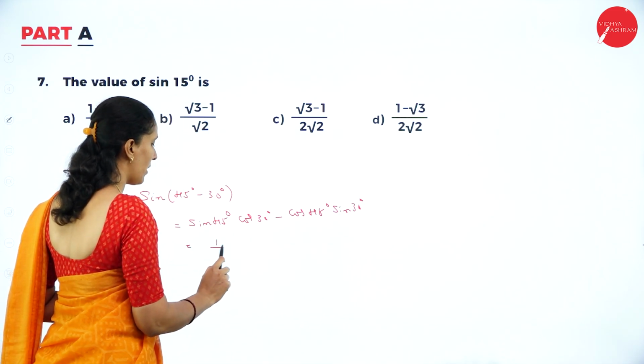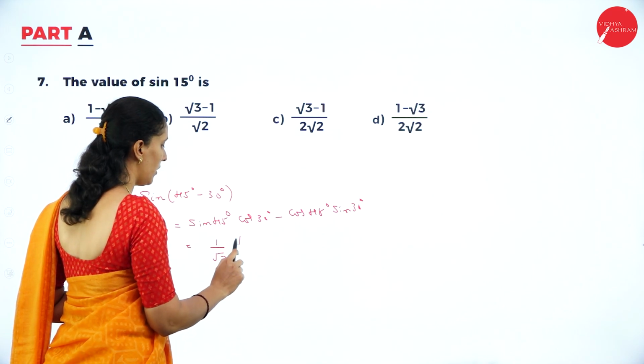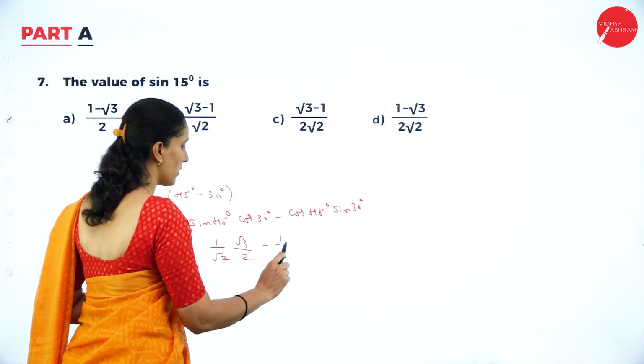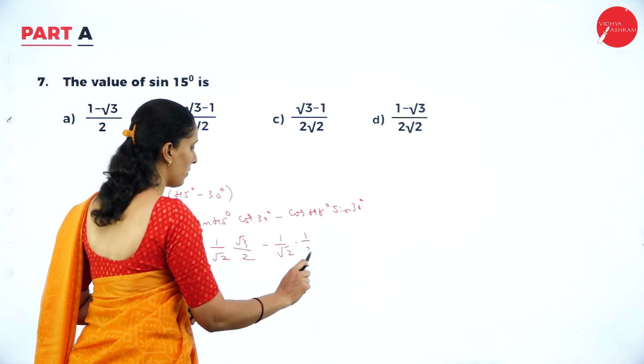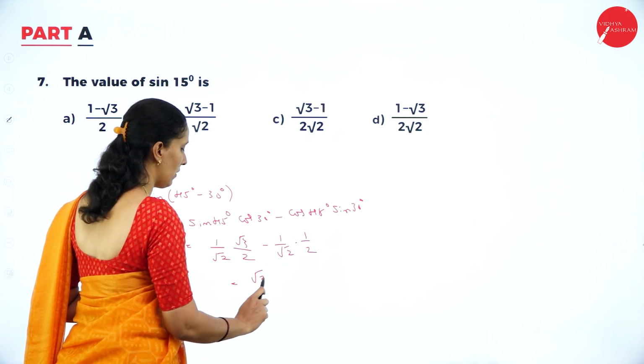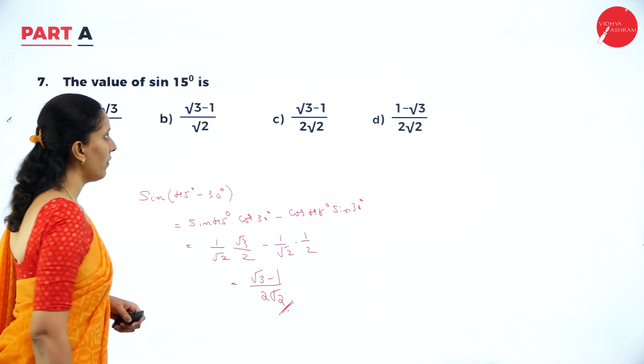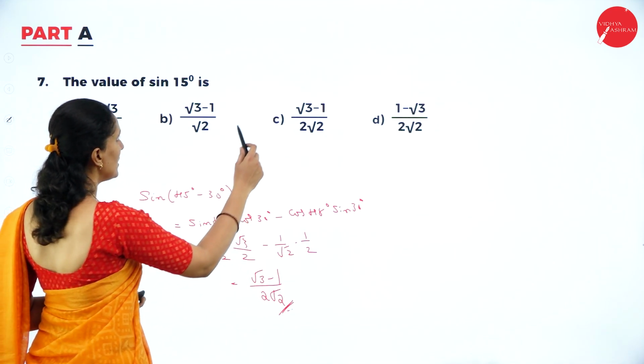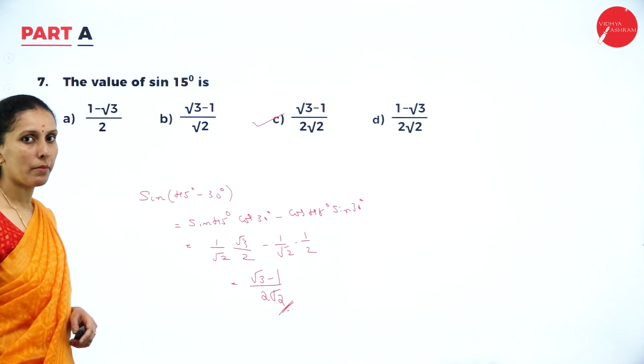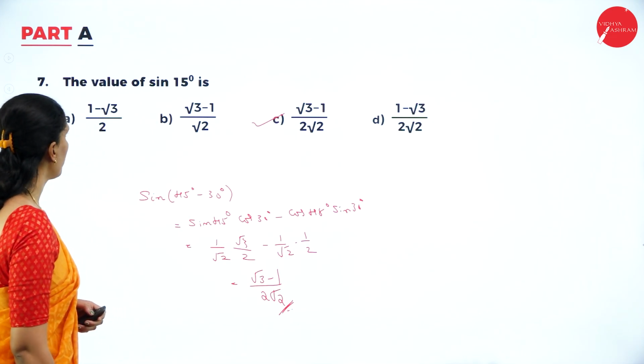So, which will be 1 by root 2 into root 3 by 2 minus 1 by root 2 into 1 by 2. So, clearly we can see here we will get root 3 minus 1 by 2 root 2. So, therefore, we can see option C, root 3 minus 1 divided by 2 root 2 is the correct answer.